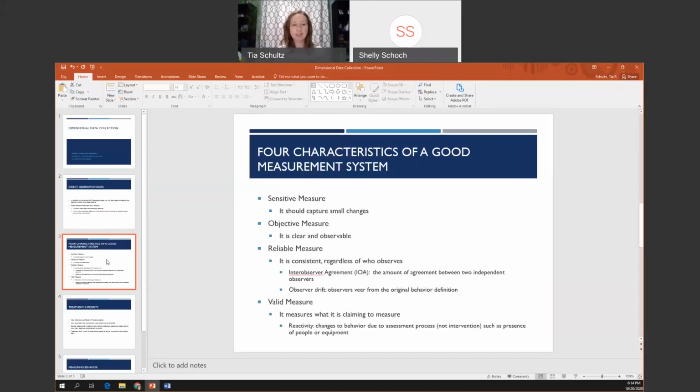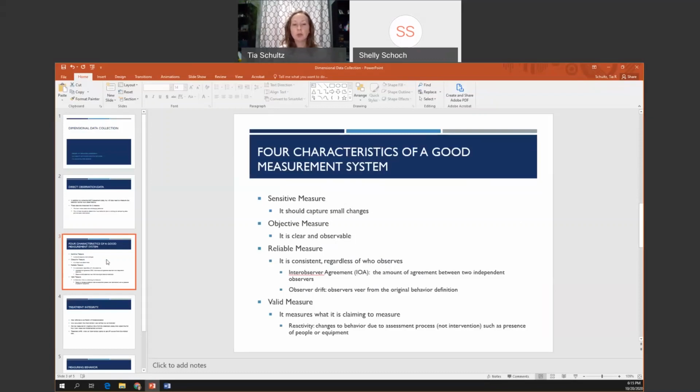So first of all, it needs to be sensitive to capturing small changes. An example here might be a tantruming type behavior where a student engages in a response class of behaviors, maybe yelling and hitting and throwing themselves on the floor. And we're deciding between collecting duration data or a frequency count.